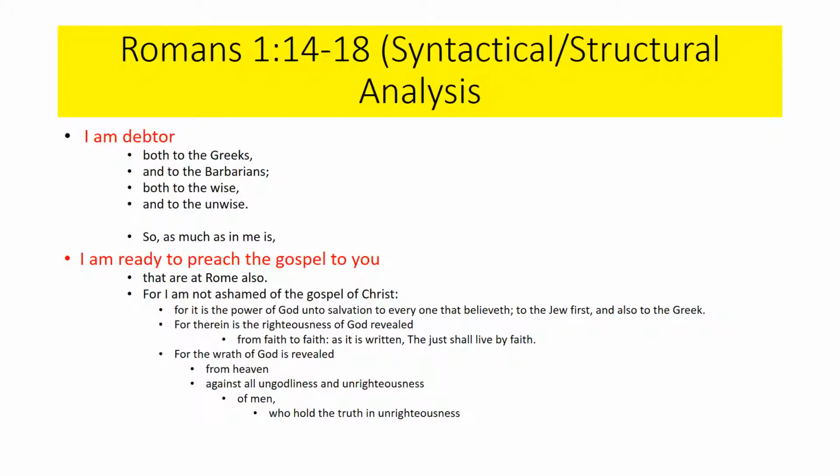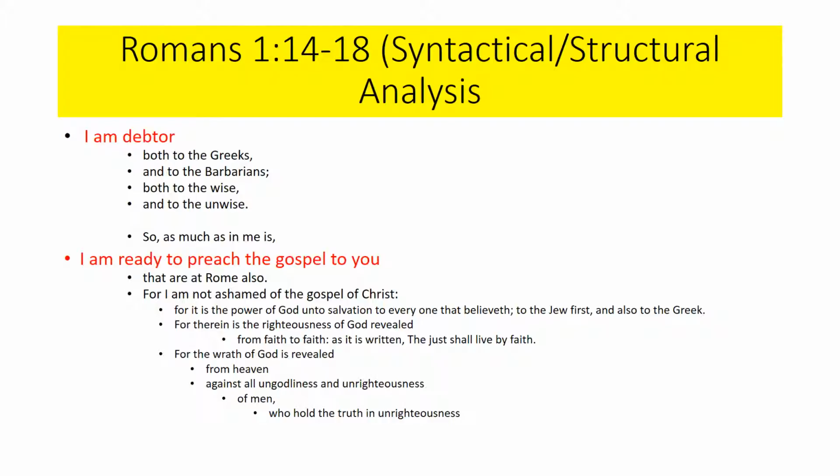But there's another clause underneath that clause, a clause that tells us why Paul's ready to preach the gospel. That's adverbial because adverbs ask why, so therefore we have an adverb clause. Paul says, I'm ready to preach the gospel. Why? For I am not ashamed of the gospel. See, that's a subordinate adverb clause. It's dependent.